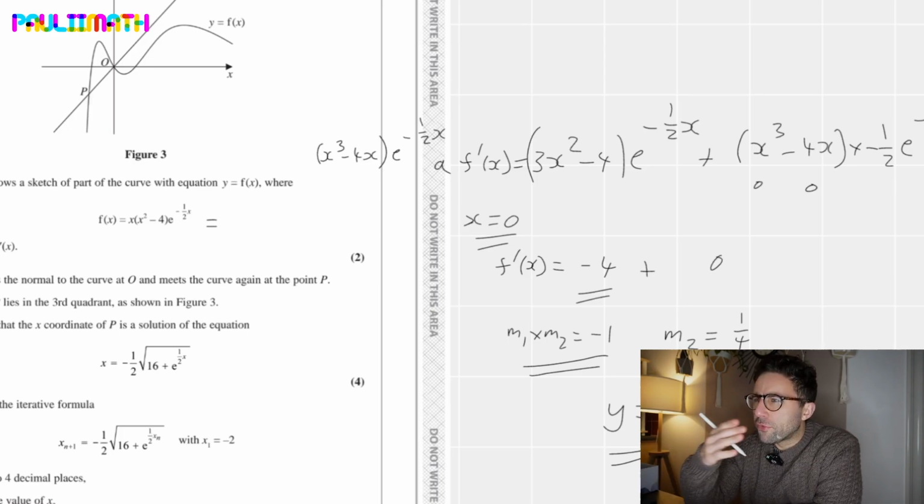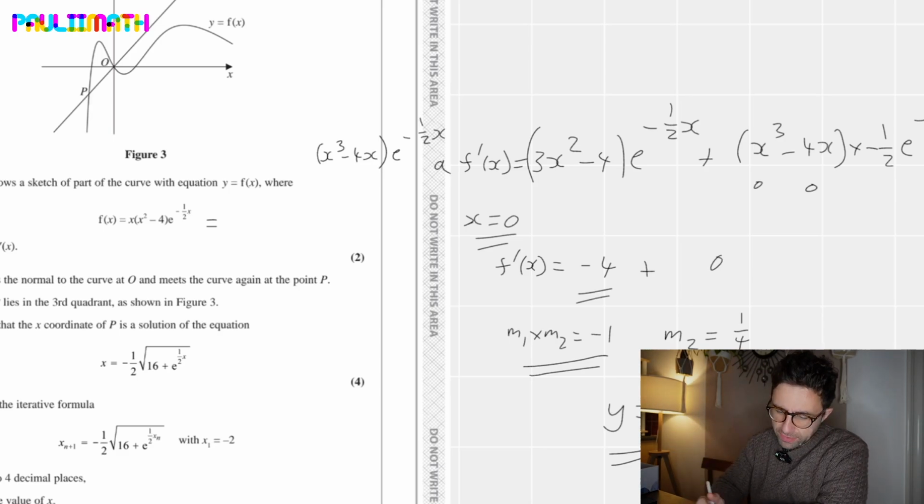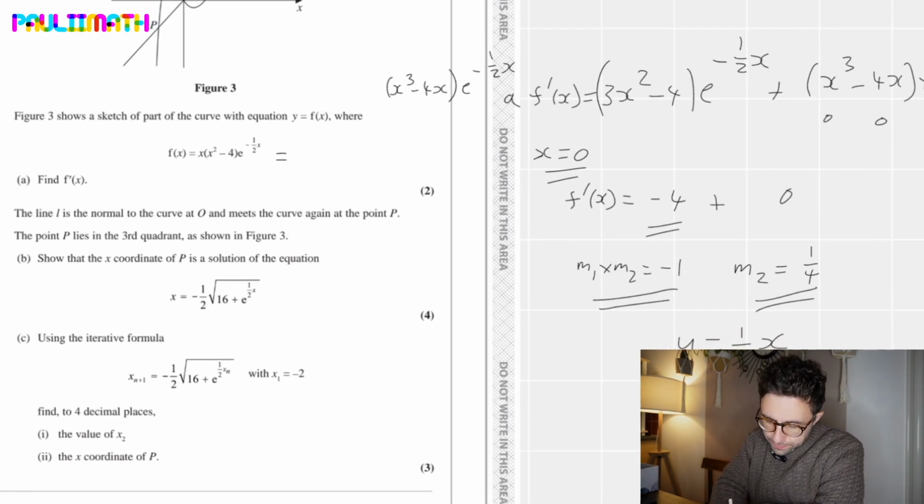Where are we going to go from here? Set it equal to the original equation, isn't it? Surely. It's got to be. Quarter x equals x, yep, and so on.